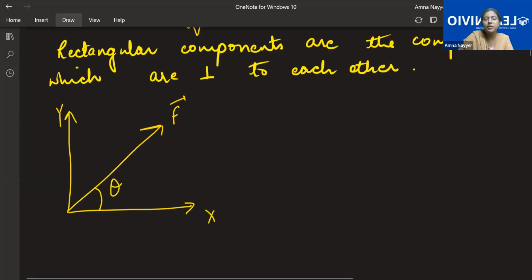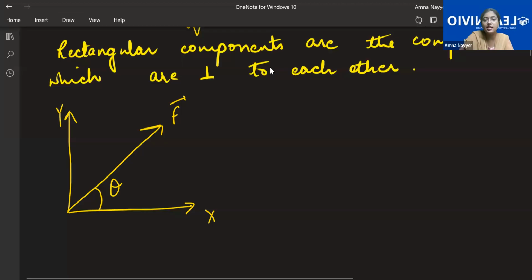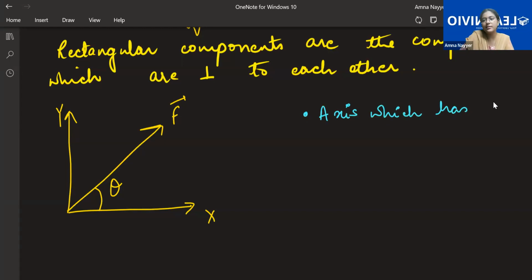Now, just remember the rule. The axis which has the angle theta receives the cos component. The cosine component comes here.